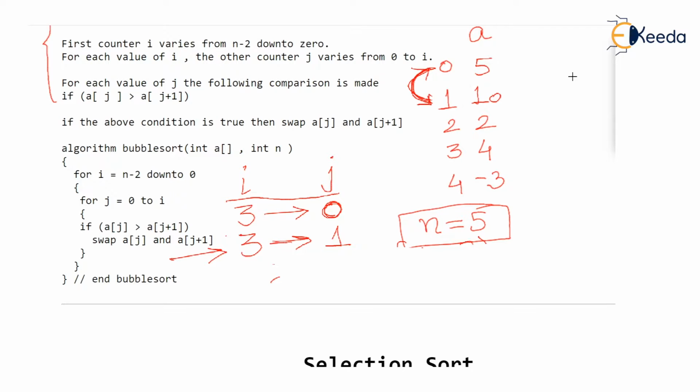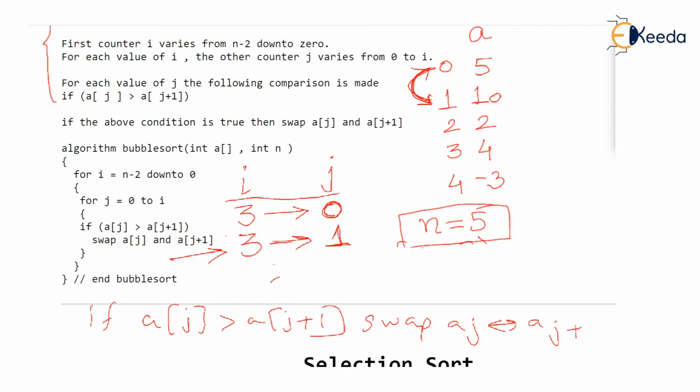And now as j is 1, we will ask the same question. What was that question? If a of j is greater than a of j plus 1, that means we are going to ask this question for each value of j. And if this is true, then we will swap a of j with a of j plus 1, writing in short.